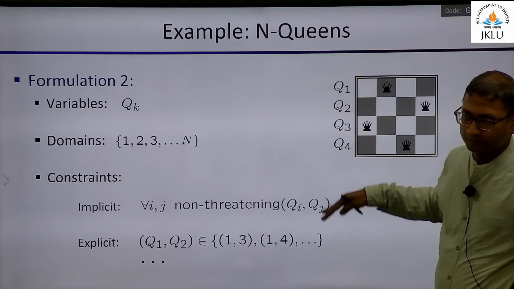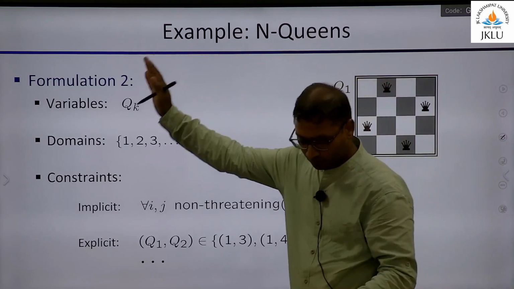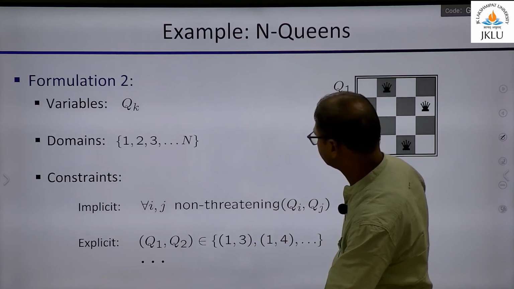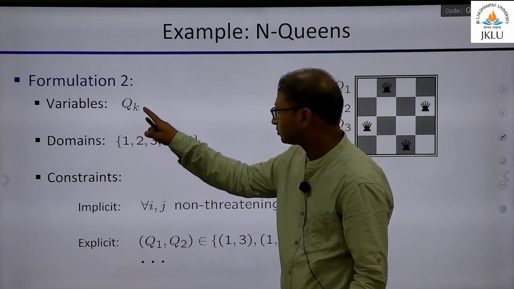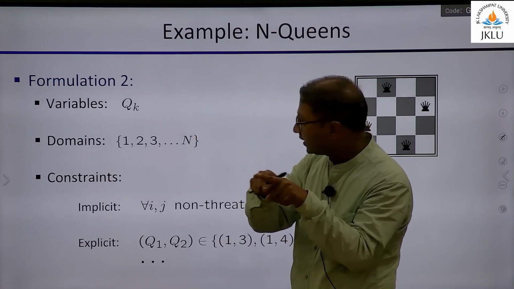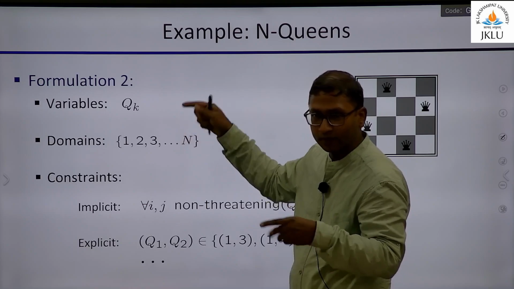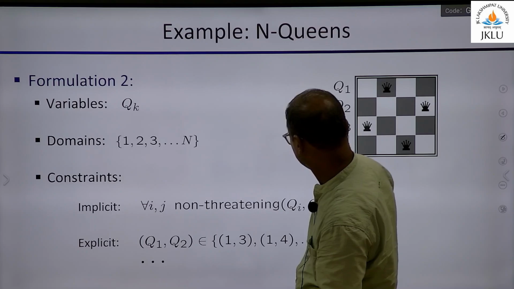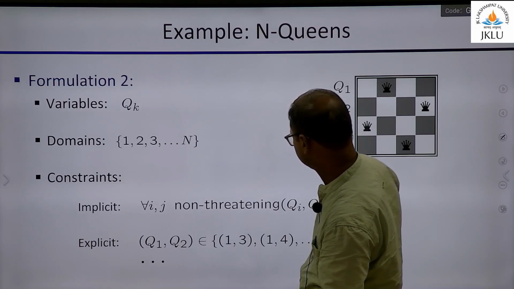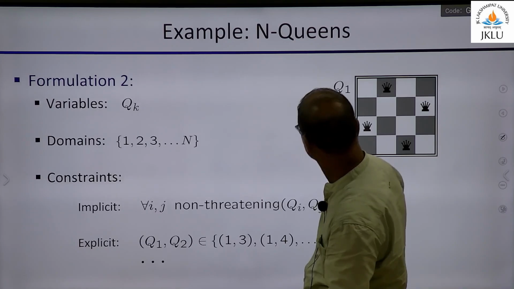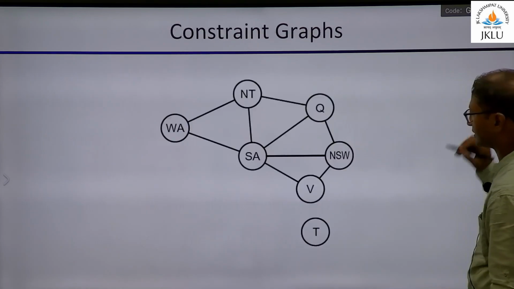This one you figure out. Okay, we have talked about one formulation extensively, you figure out this one. But it is analogous to that one. That was for one square, this one is for one row. Okay? Alright, go next.